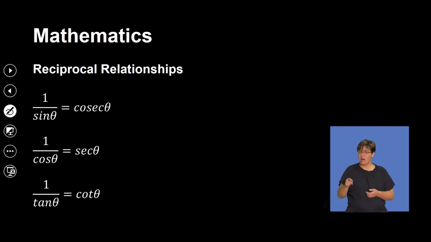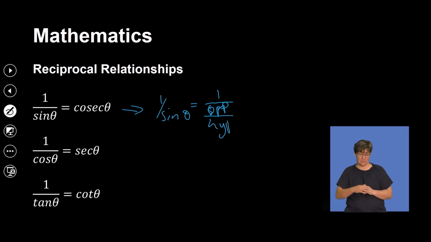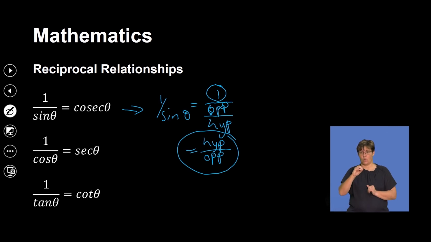With a reciprocal, you can see it's 1 over sine theta, which is the same as 1 over opposite over hypotenuse. Because I'm saying 1 divided by, these 2 will swap around, because that was the big idea. And this becomes hypotenuse over opposite, which is then the cosec.